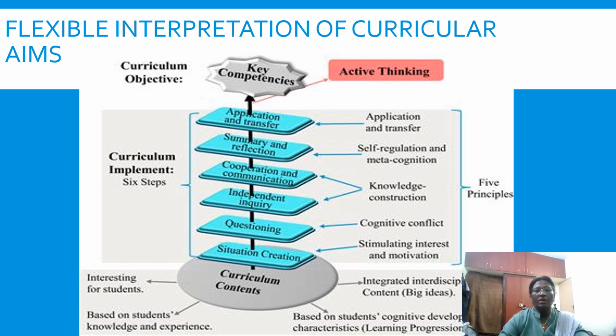Then knowledge construction. This is the cooperation of communication and independent inquiry. Both are the same, knowledge construction and questioning. The cognitive conflicts. The questioning: when they go through this understanding process and knowledge process, different types of questions will arise in the brain.